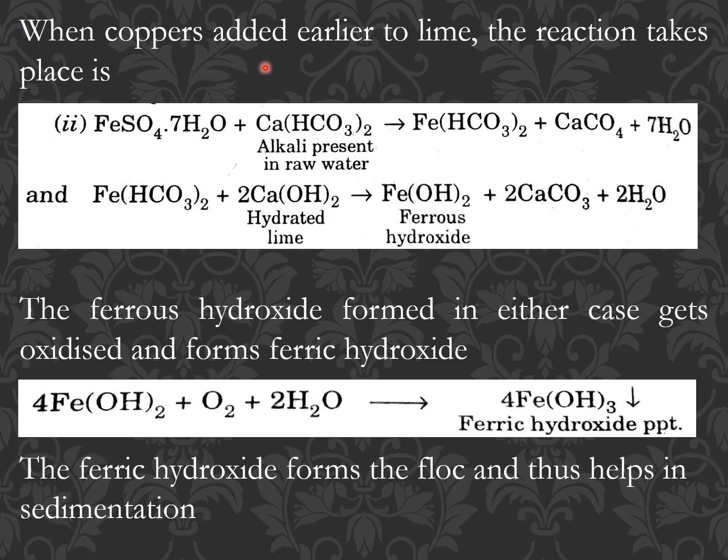Okay. So that is the reaction when lime is added first. Now, when the copperas is added before the lime, the alkalinity present in the raw water, calcium bicarbonate, reacts to form ferrous bicarbonate plus calcium carbonate plus 7H2O. Then this ferrous bicarbonate plus 2 times hydrated lime.